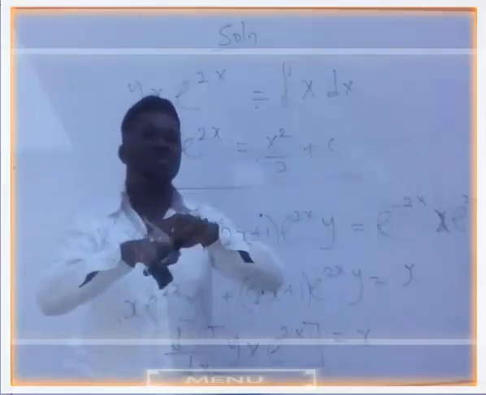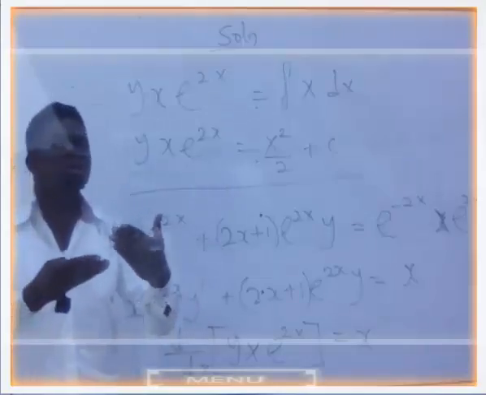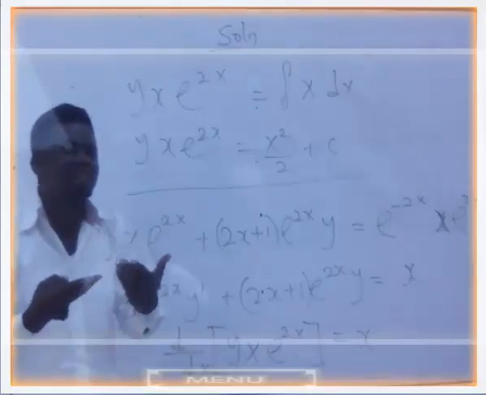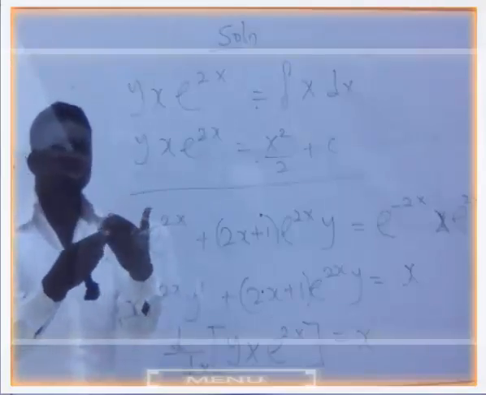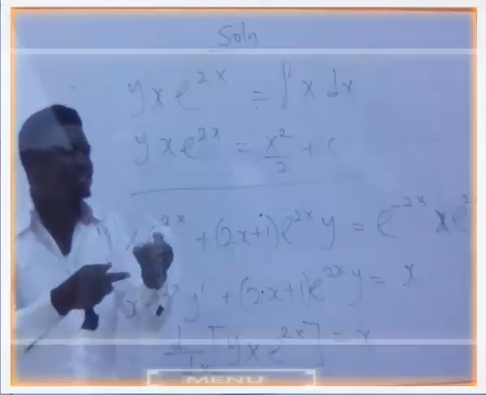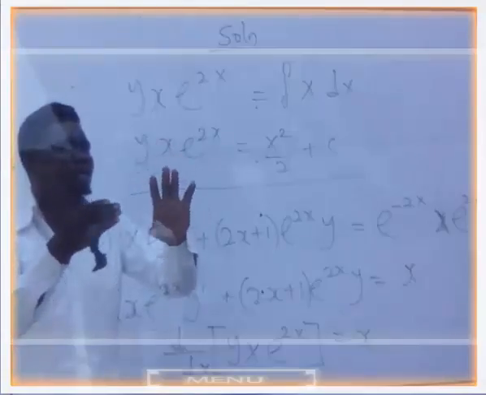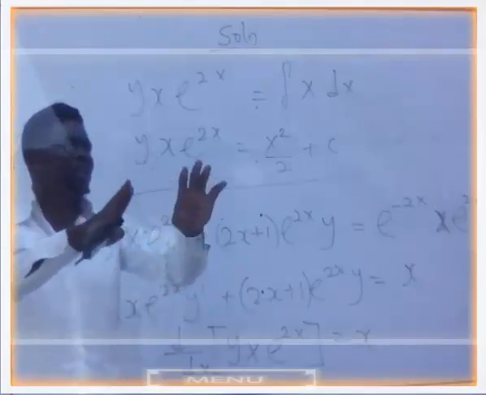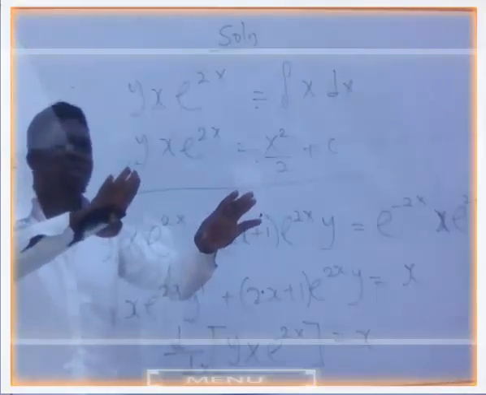There's no differential coefficient here. The idea of this semester's topic, ODE, is to give you the techniques, and this is one of the techniques for removing differential coefficients from a particular equation. This is what we have left, and we can stop here.